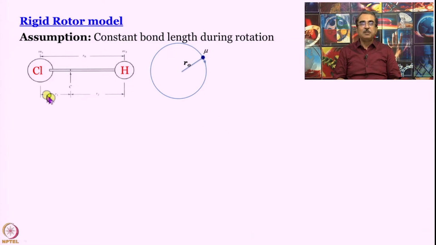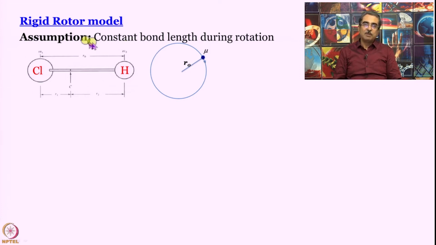So, the reduced mass, I hope you know what reduced mass is, we have discussed it earlier: 1 by mu equals 1 by mH plus 1 by mCl, where mH and mCl are the masses of the hydrogen atom and chlorine atom respectively.